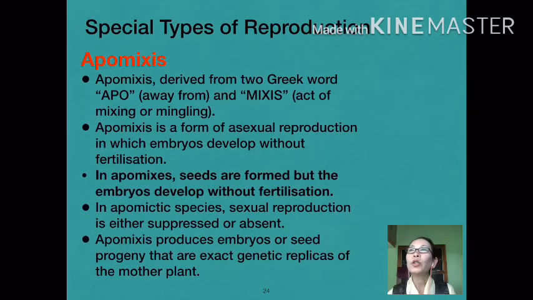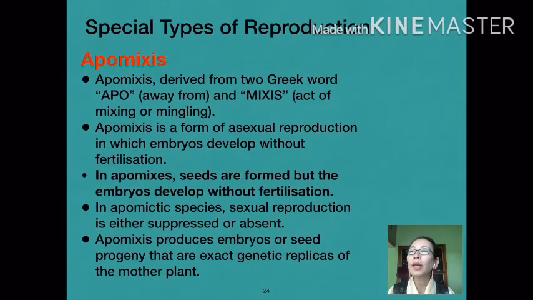Now, we will go into a basic understanding of some special modes of reproduction in plants. The phenomenon is known as apomixis, where apo means away from and mixis means act of mixing or mingling.